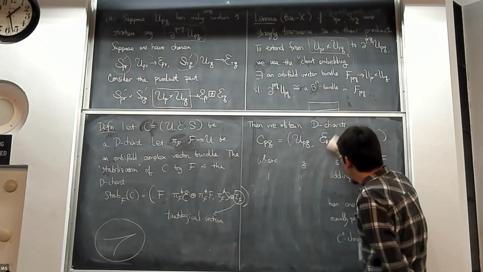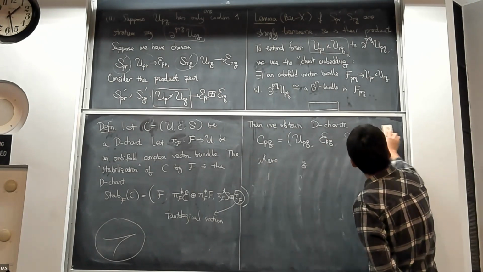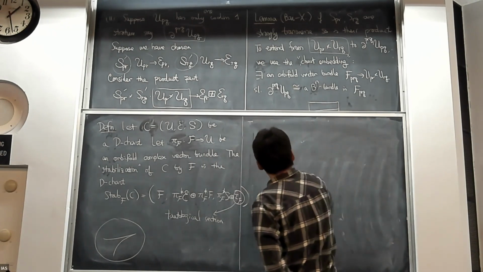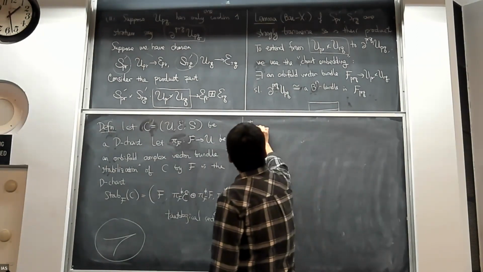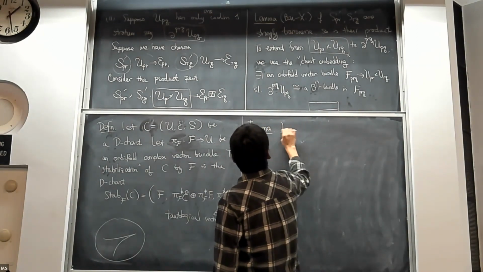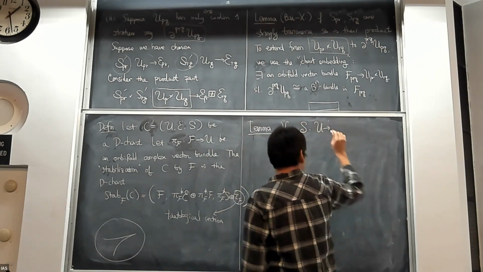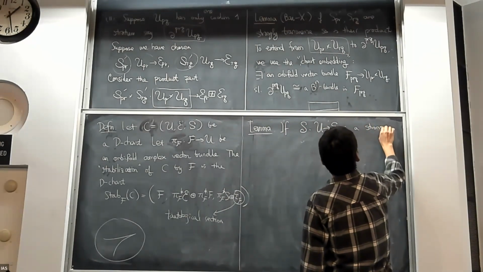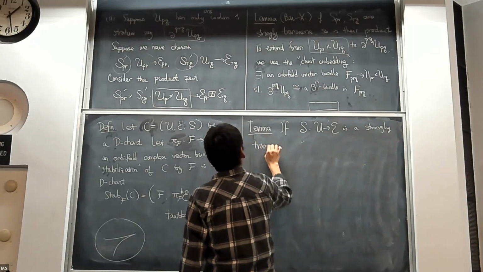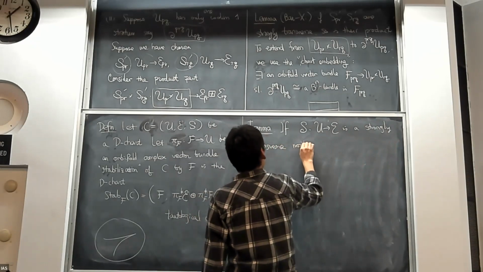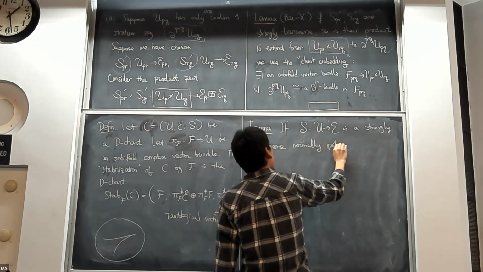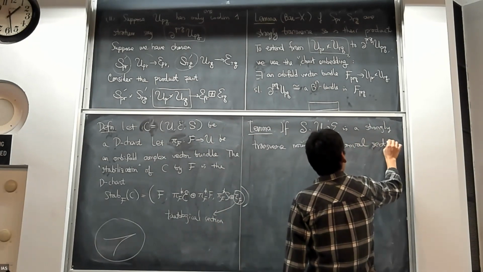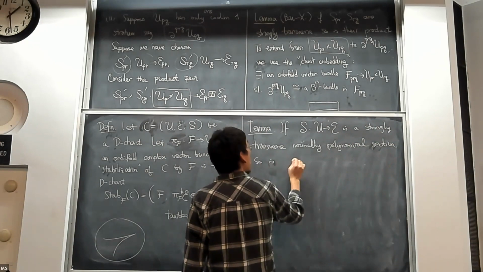Okay. So then regarding the FOP perturbation scheme and this notion of stabilization, one natural expectation, and it's also not difficult to prove, is that if S is a strongly transverse, normally polynomial section.